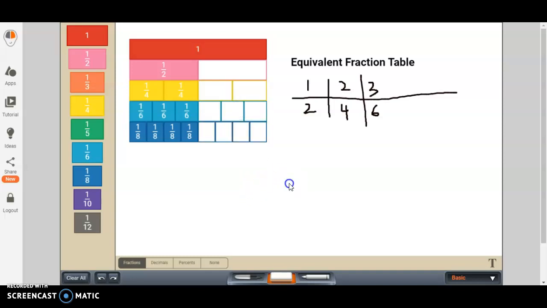Now some of you are starting to see a pattern. And this is my pattern. Every time I try to find an equivalent fraction, I increase the number that I had, the amount that's colored in, by 1.